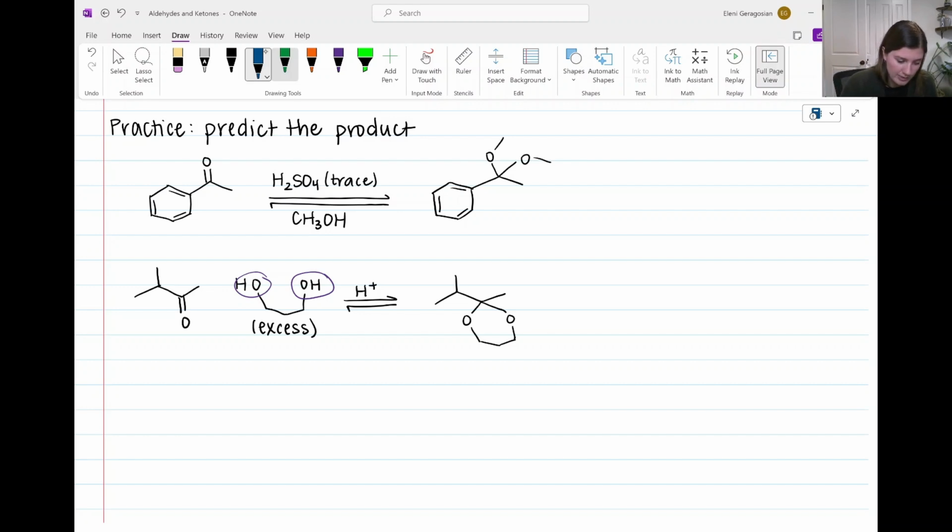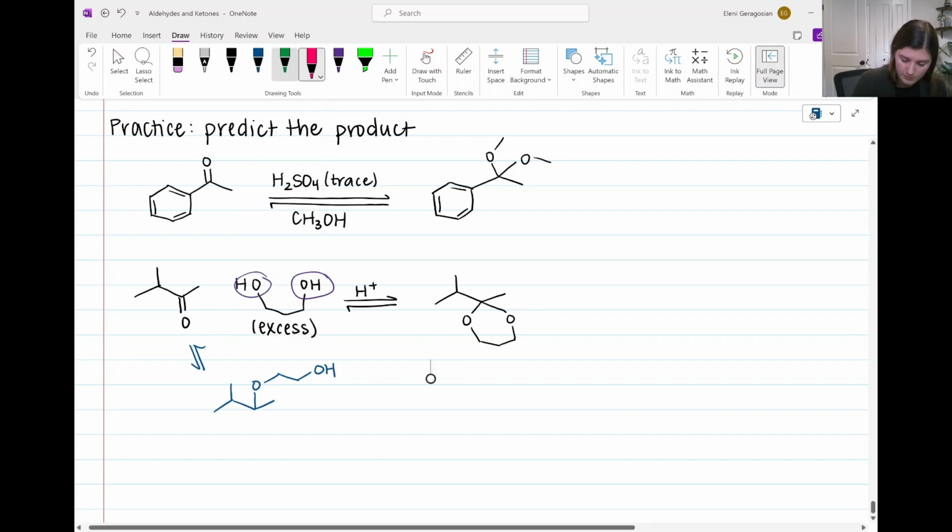So after the first couple of steps, we've added one of the alcohols from that diol. We've got this oxygen, we'll say, is from the diol. So we'll trace these atoms in pink here so we can emphasize that.